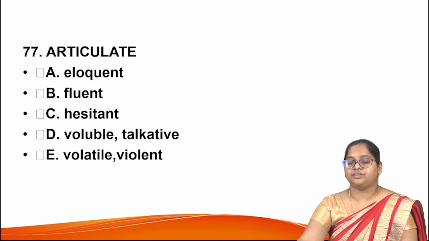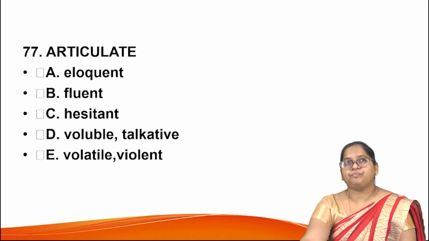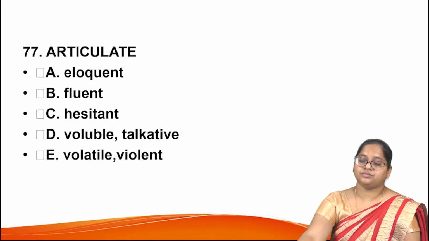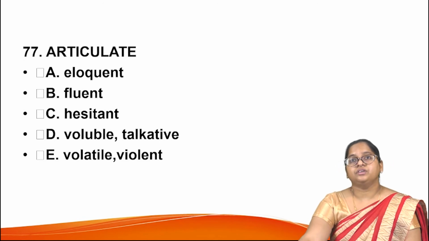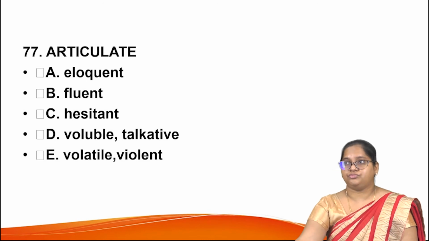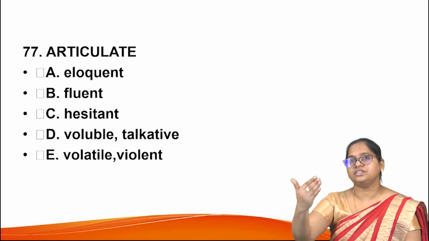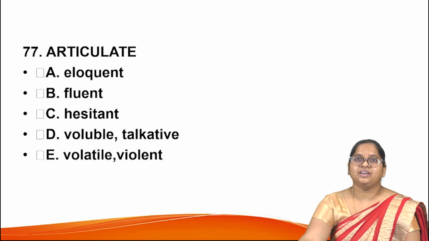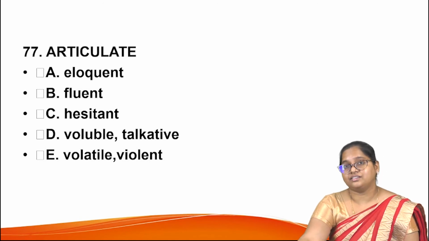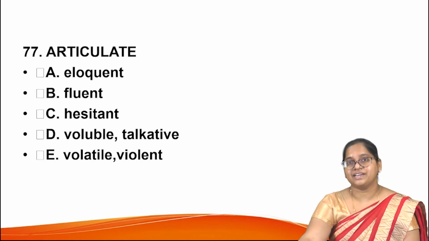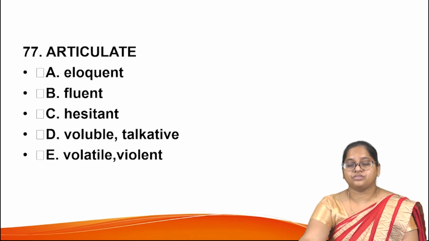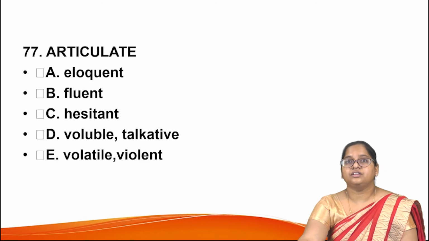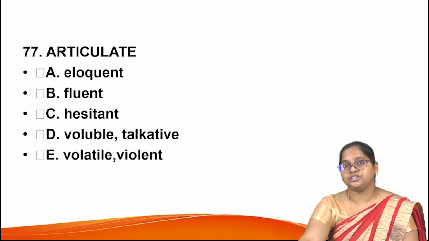Volatile is being not very calm, doing harm, and not very positive. So articulate means you very fluently give. So fluent and eloquent mean the same, so you can think they are synonyms to the question word. But hesitating, not being fluent, is the problem. So option C is the antonym of the word.